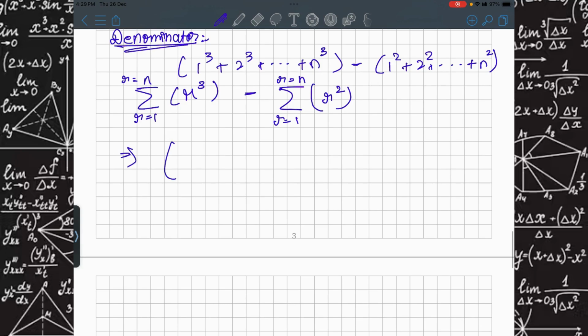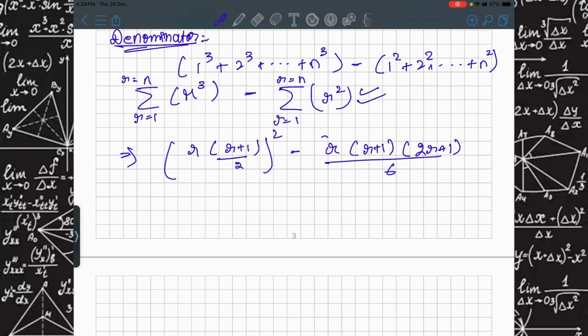If you solve this, this is cube, okay, so r times of r plus 1 divided by 2 to the whole square, minus, this is for this part, r square. Okay, so for r square it is nothing but r into r plus 1 into 2r plus 1 divided by 6.